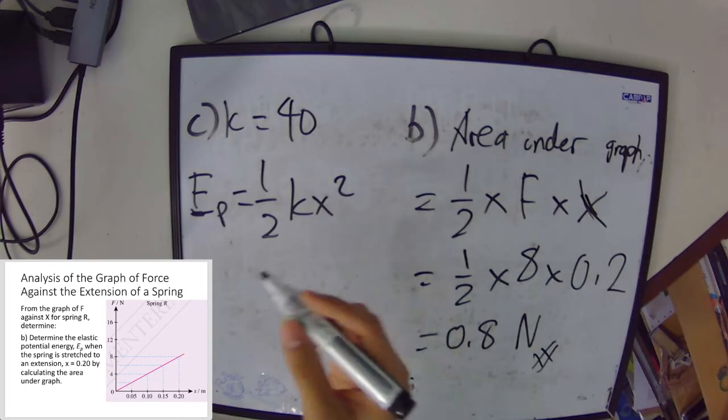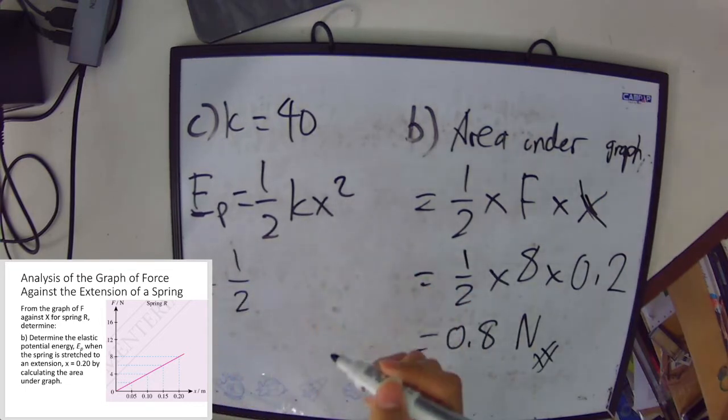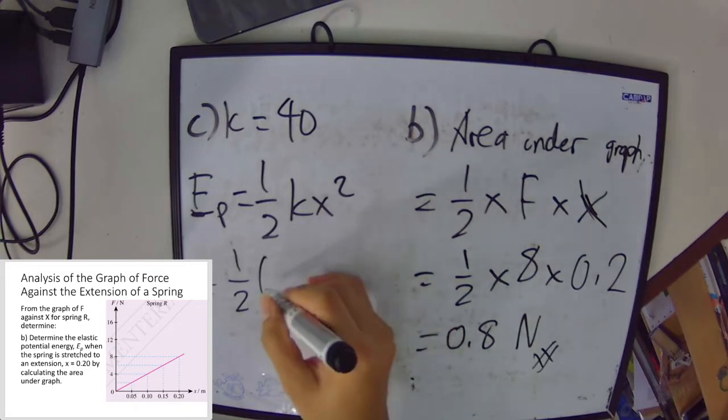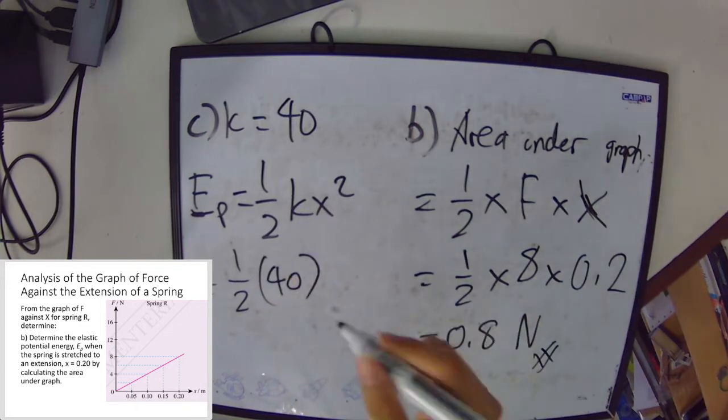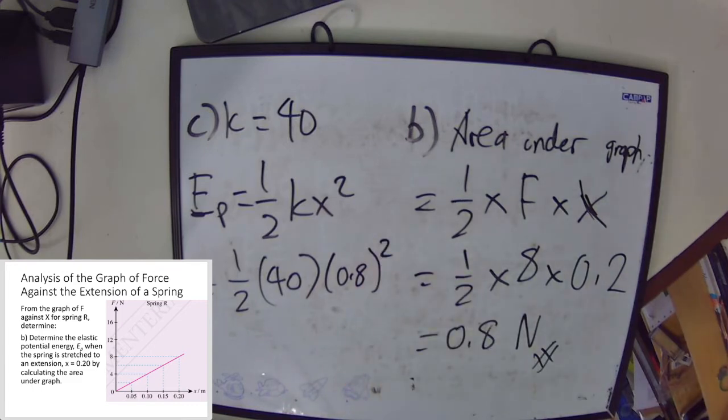And we'll use the same value. So 1 over 2, K is 40, X is 0.8 square. If we put that in our calculator, we should get the same answer. So 20 times 0.8 times 0.8.